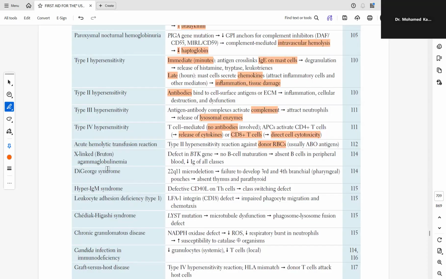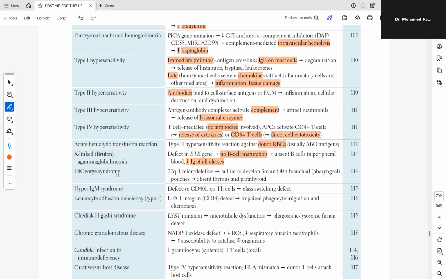X-linked agammaglobulinemia: defect in the BTK gene, no B cell maturation, absent B cells in peripheral blood, decrease in Ig of all classes. We have switching of B cells to different Ig: IgM, IgG, IgA, and so on.